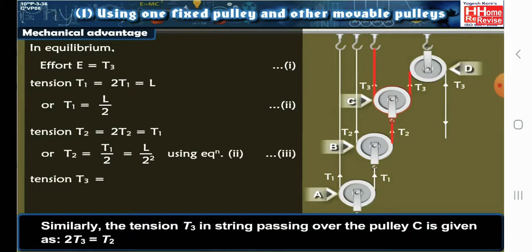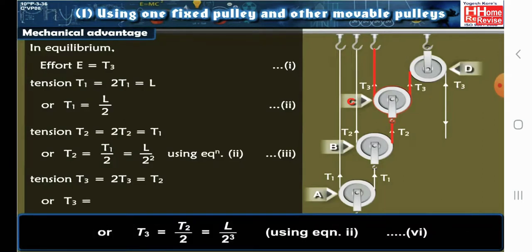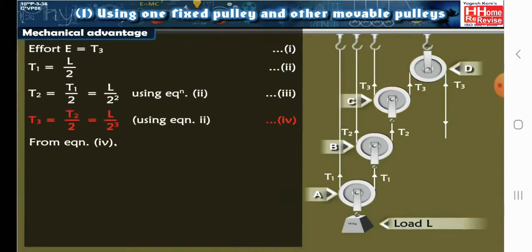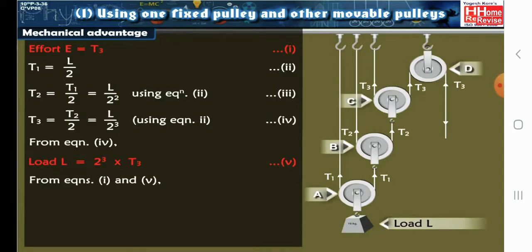Similarly, the tension T3 in string passing over the pulley C is given as 2T3 = T2, or T3 = T2/2 = L/2^3, using equation second. Let this be equation fourth. From equation fourth, load L = 2^3 × T3. Let this be equation fifth. From equations first and fifth, E = L/2^3.